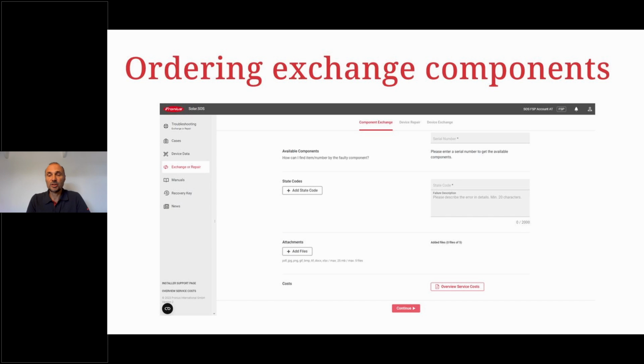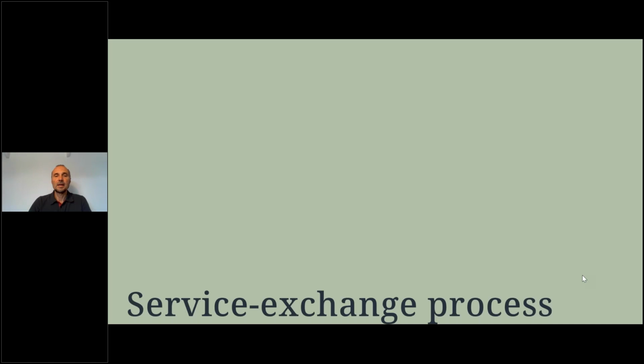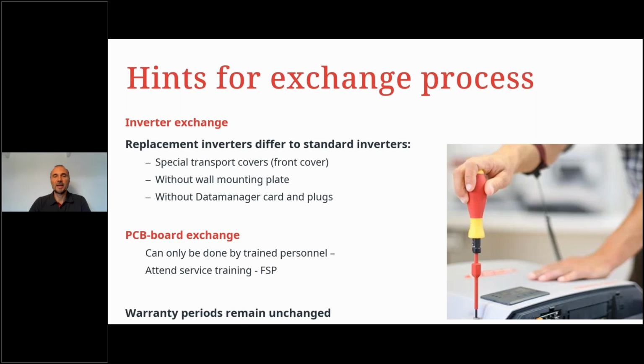Now to the exchange process, which I would like to explain now. As I said, there are two differences. The inverter exchange: whenever you get a replacement inverter from Fronius, this inverter differs from the standard inverter. So never use it for a standard installation, because there are special transport covers and a wall mounting plate, which cannot be used for a new installation.